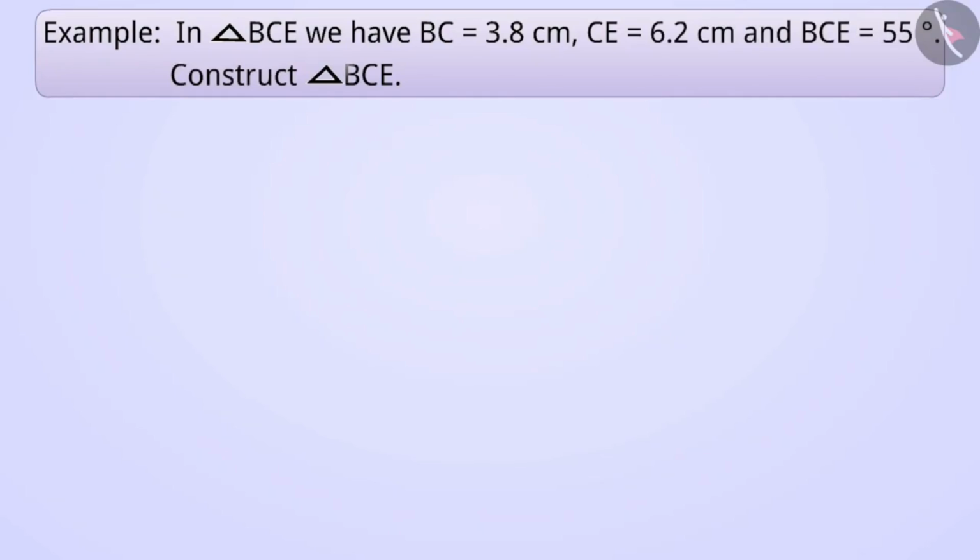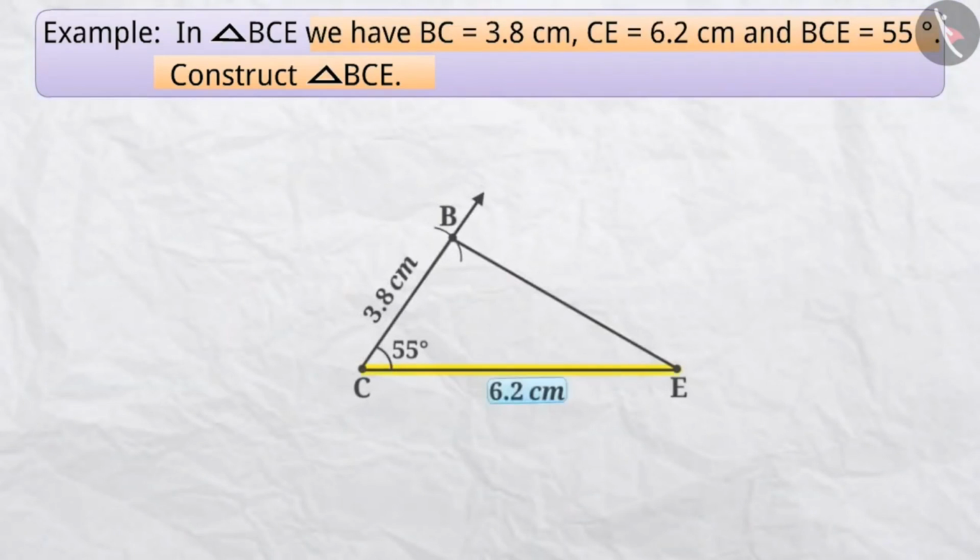Construct triangle BCE. Here, we are given the lengths of two sides of triangle BCE and one angle. CE is equal to 6.2 cm. Angle BCE is equal to 55 degrees. BC is equal to 3.8 cm.